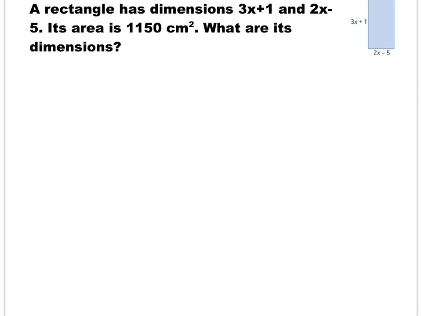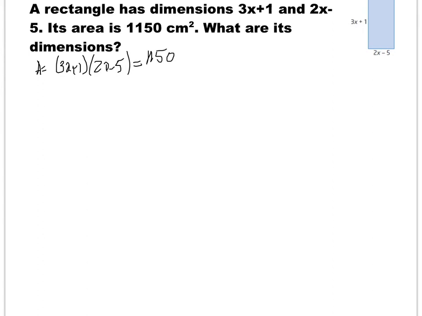The next problem is about a rectangle which has sides 3x plus 1 and 2x minus 5. Area is 1150. What are the dimensions? By definition, area is 3x plus 1 times 2x minus 5, which is equal to 1150.